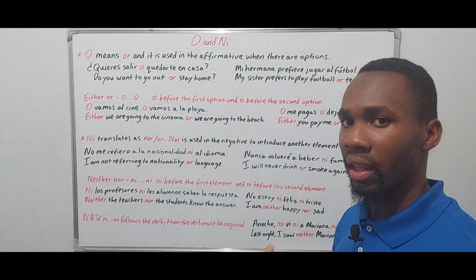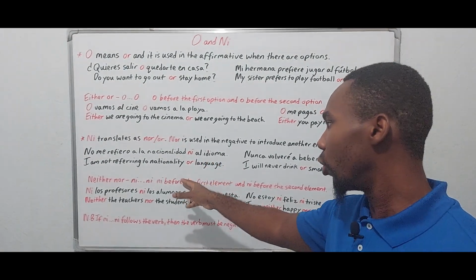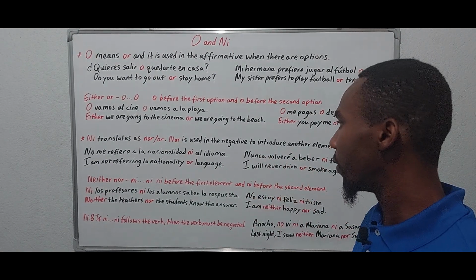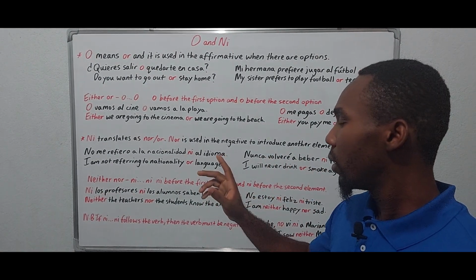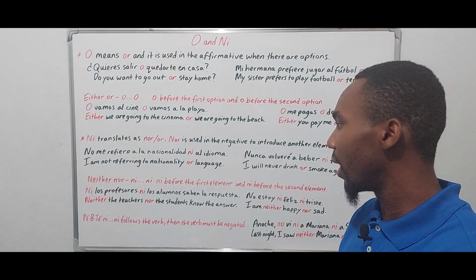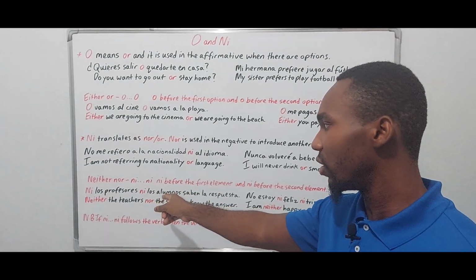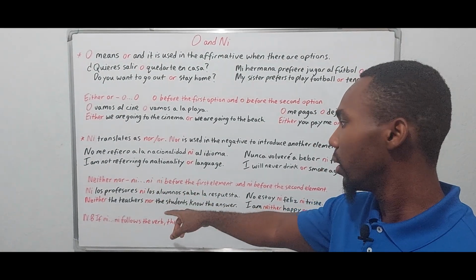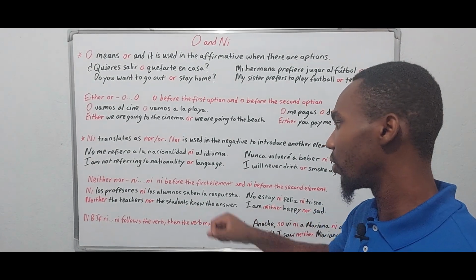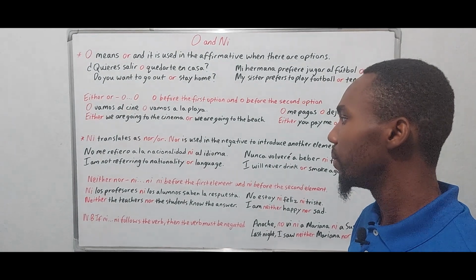They usually go together, right? So ni goes before the first element and ni goes before the second element, right? Ni los profesores ni los alumnos saben la respuesta. Neither the teachers, first element, nor the students know the answer. Yep.